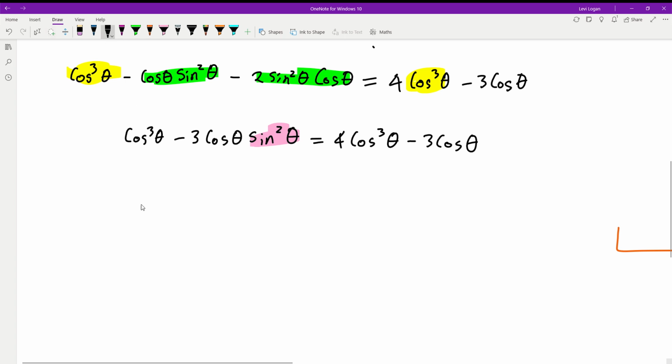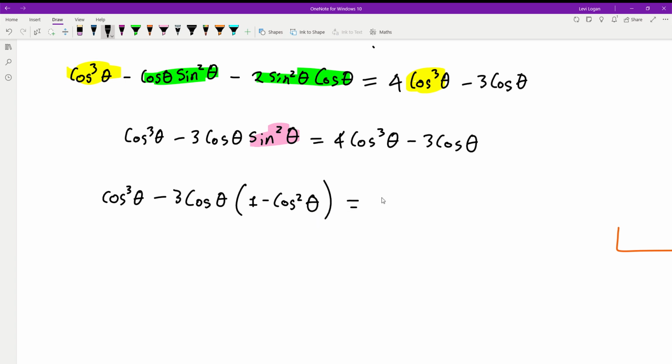So we can replace that in there, so we'll have cos cubed theta minus 3 cos theta times by 1 minus cos squared theta equals 4 cos cubed theta minus 3 cos theta. Now all we're going to do is distribute this entire thing to each of these guys here.